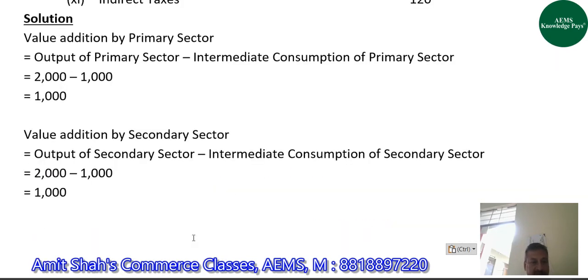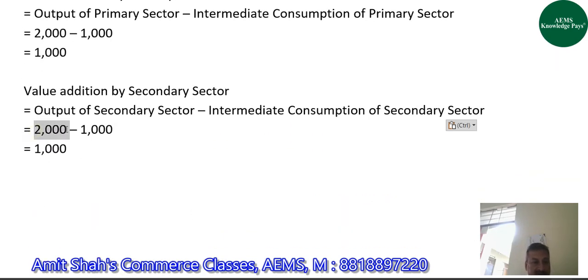So 1800 minus 800, that is, here also we have value addition of 1,000 crores.